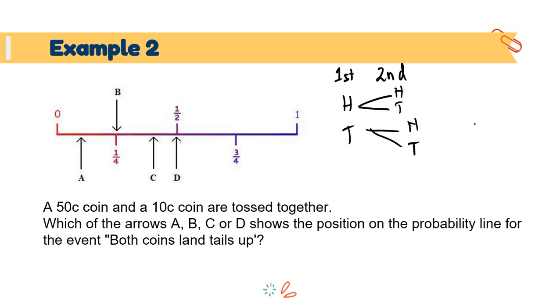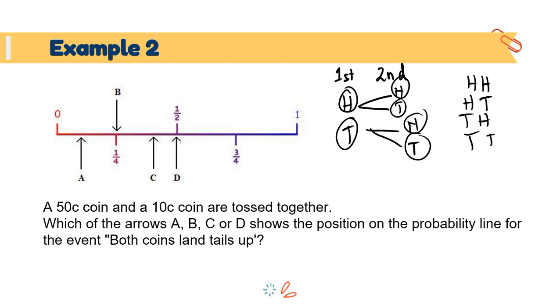So, we have head, head. Ito po yon. Head, tail. Next po is tail, head. And last po is tail, tail. Okay. So, ang sabi po dyan, dapat daw po yung coins magland siya sa parehong tail.